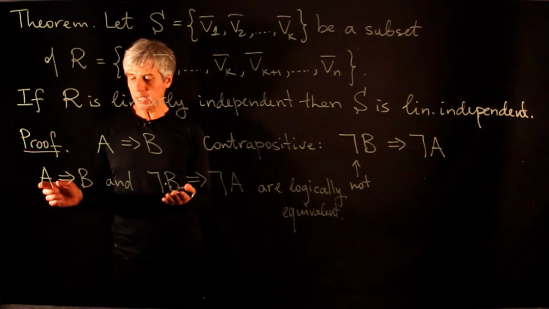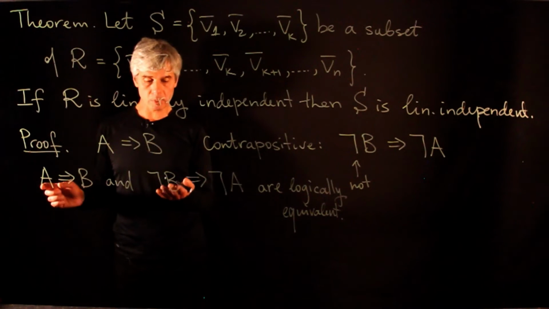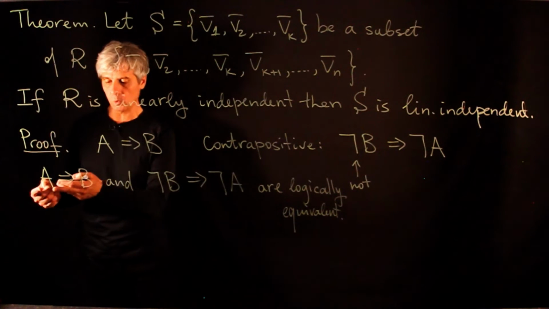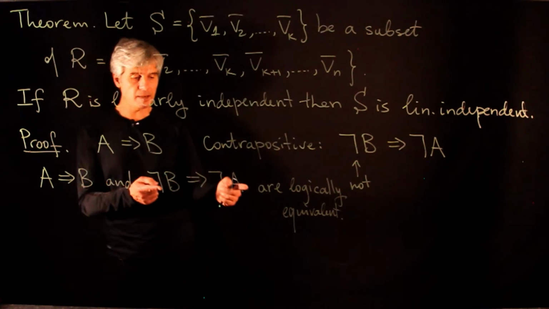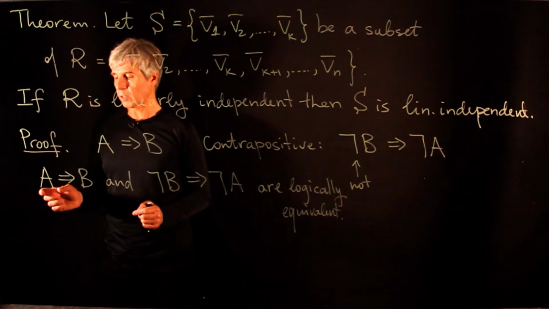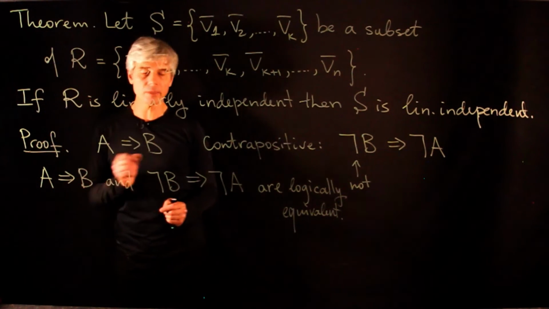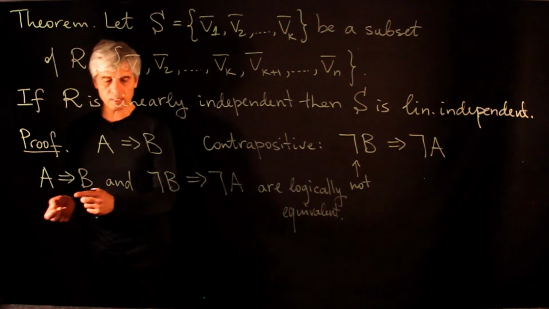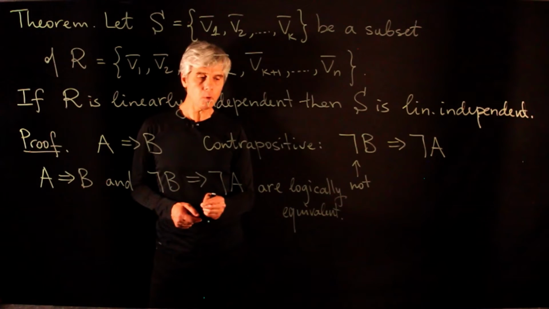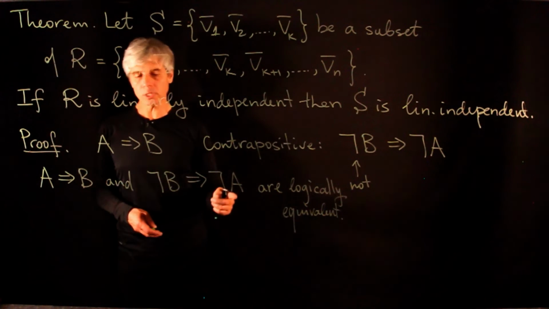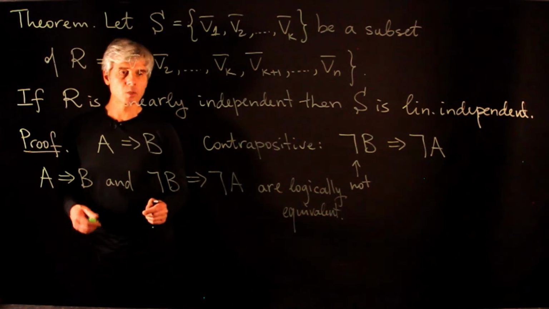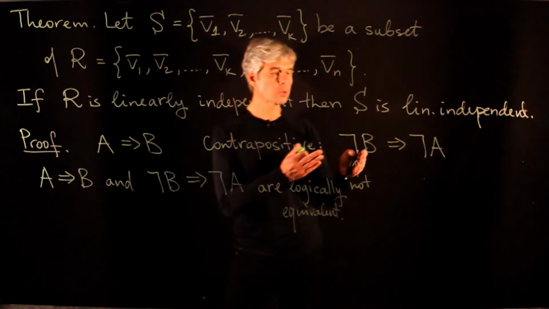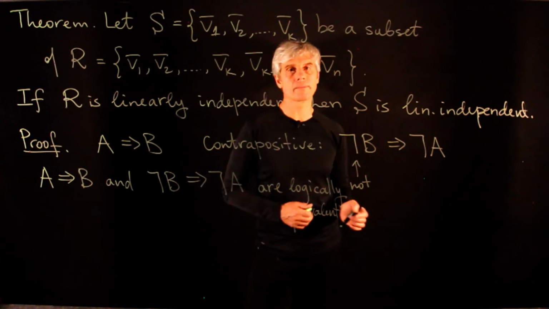Then B cannot be false, because if B is false, then A is false, and we are supposing that A is true. So the truth of A implies the truth of B. What we showed is that if we assume this statement, then we get its contrapositive, and if we assume the contrapositive, then we get this statement. So proving A implies B is equivalent to proving not B implies not A.